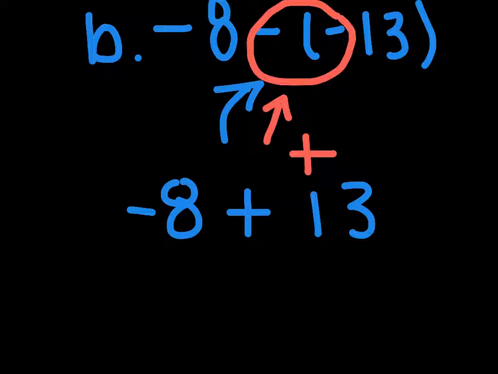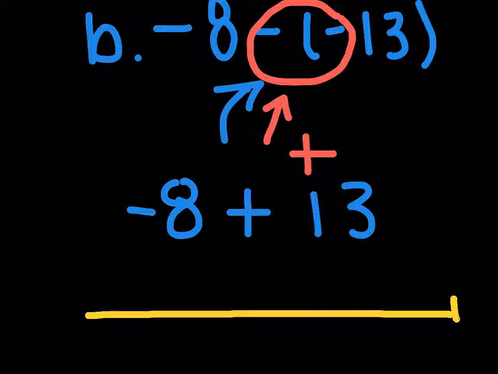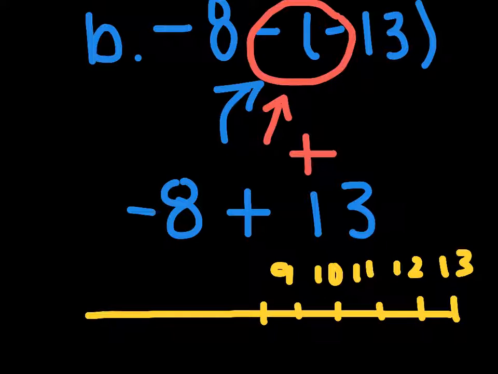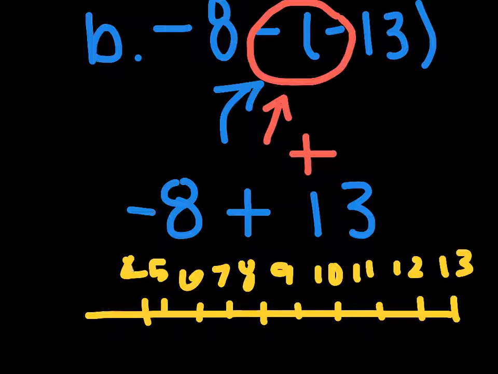So let's go ahead and make a number line so that we can demonstrate. 13, 12, 11, 10, 9, 8, 7, 6, 5, 4, 3, 2. Alright, we're going to start on 13. Or you can go from 0 to 13. I just didn't write 0, so I'm going to start on 13.